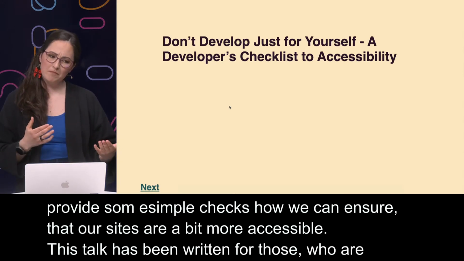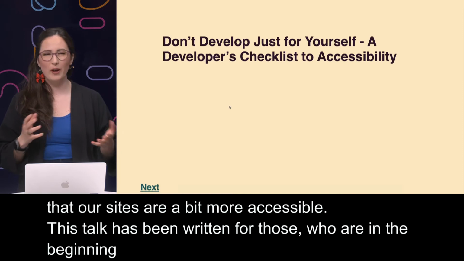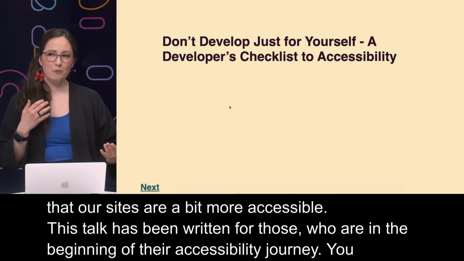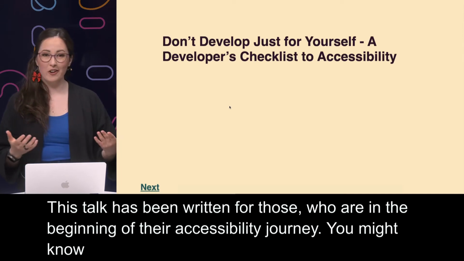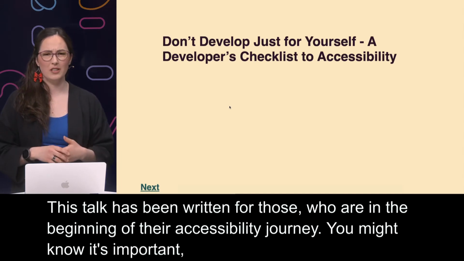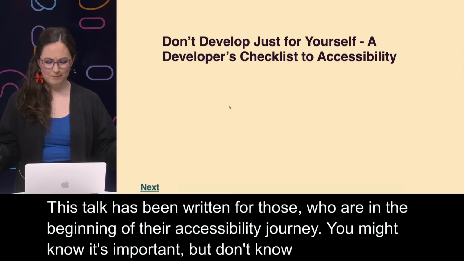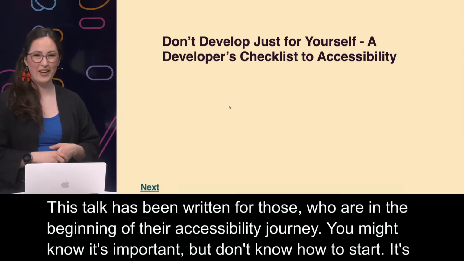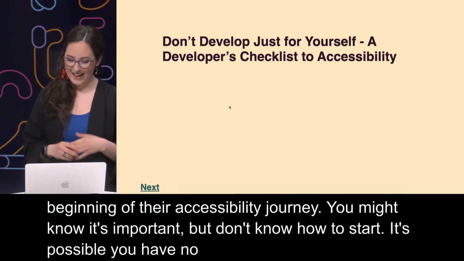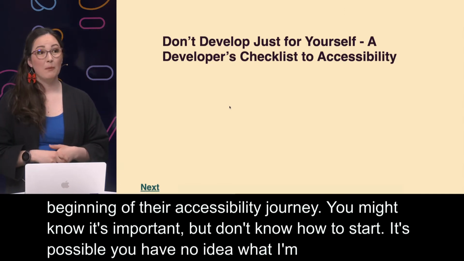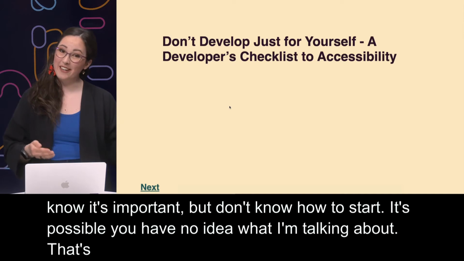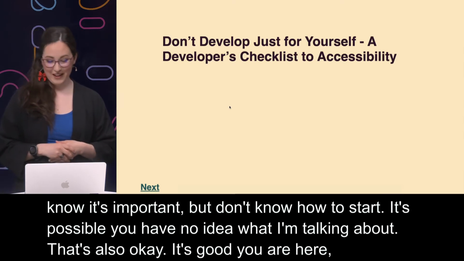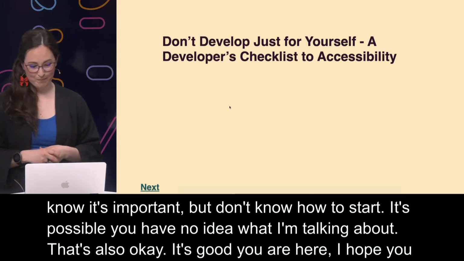You might know that accessibility is an important topic, but you maybe don't know how to start or what to do, or it all feels a bit overwhelming. Or it's possible that you don't have any idea what I'm talking about. And that's okay too, because it's good that you are here, you are listening, and I hope that you will learn something from this talk.